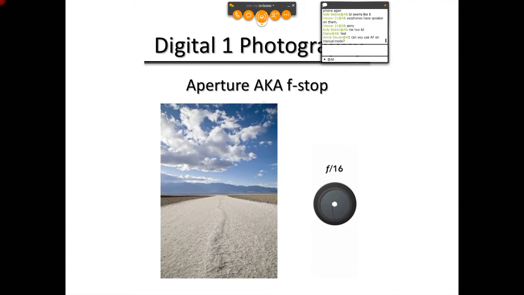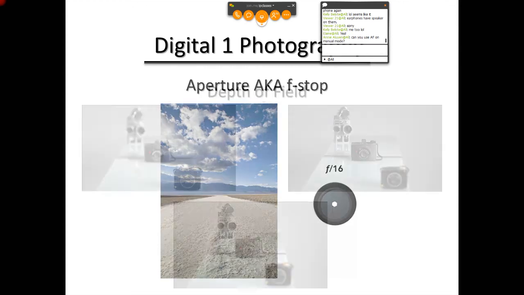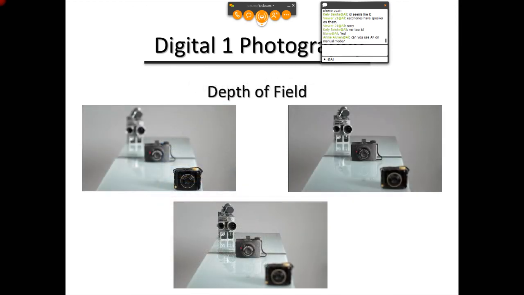Now, a little bit more of an explanation of depth of field. Basically, I've got 3 cameras just sitting here, and you'll notice on the very top left, the very front camera is in focus. The rear 2 cameras are out of focus. Shorter depth of field, or larger aperture, smaller number, so about f2.8 is going to give me that first camera in focus.